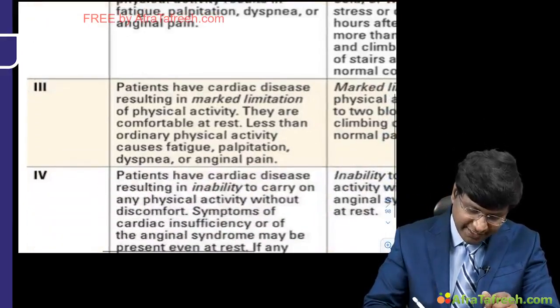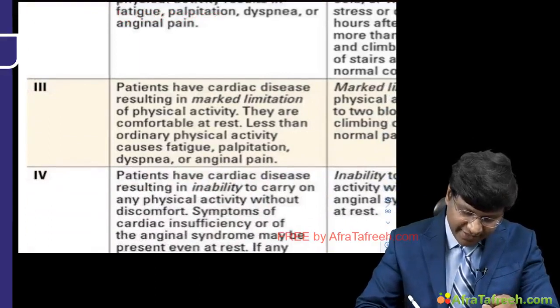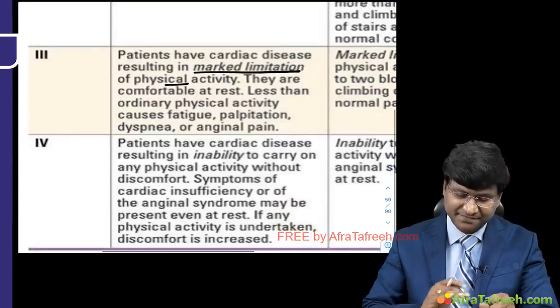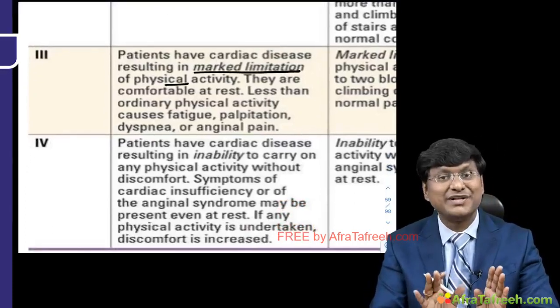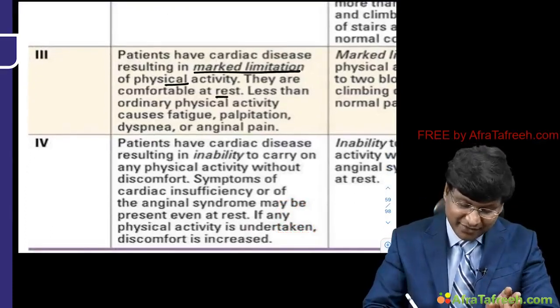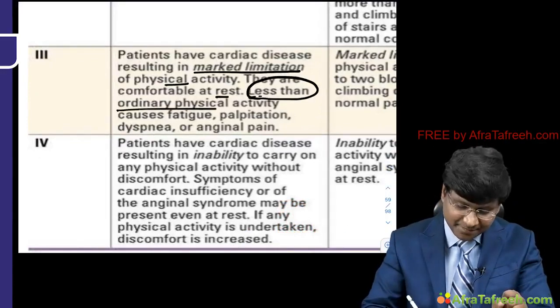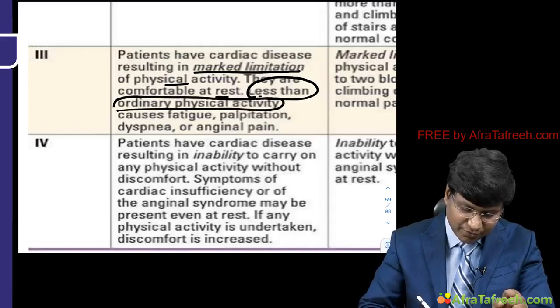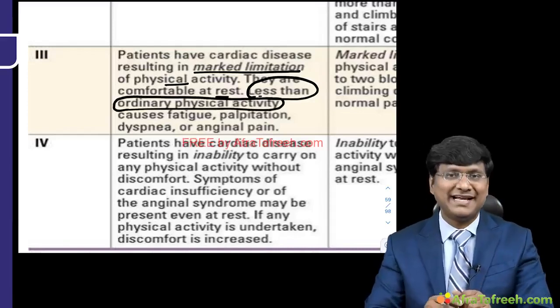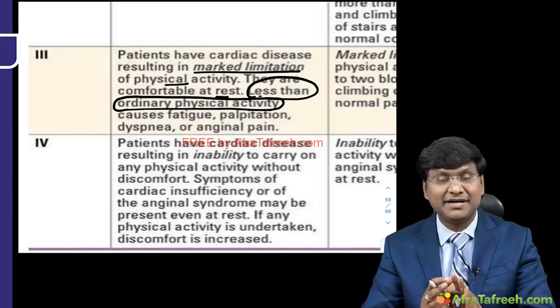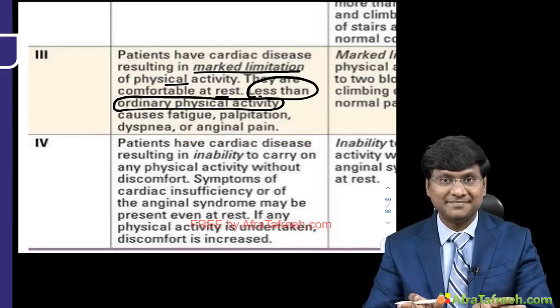Whereas you take class 3, where there is marked limitation of the physical activity, right? These patients also are comfortable at rest, but whenever they do less than ordinary physical activity, then there is development of angina, palpitations, dyspnea as well as fatigue, right?